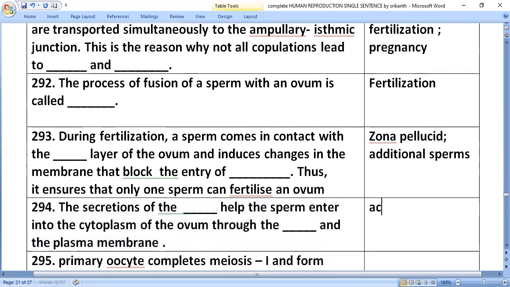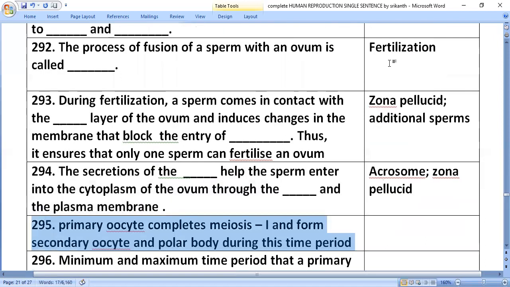The secretions of the acrosome help the sperm enter into the cytoplasm of the ovum through the zona pellucida and plasma membrane. The primary oocyte completes meiosis 1 and forms a secondary oocyte and polar body during this time period, that is between menarche and menopause.